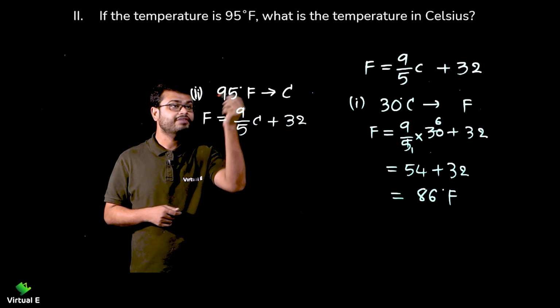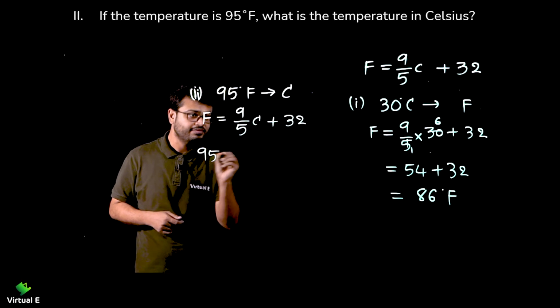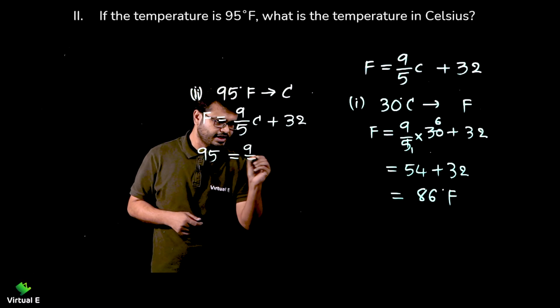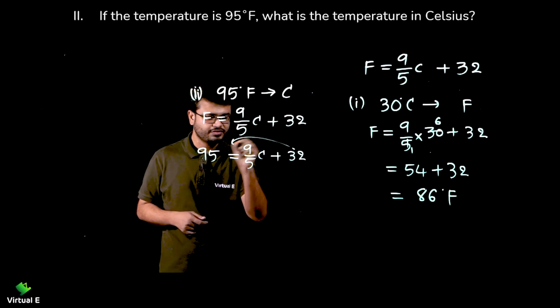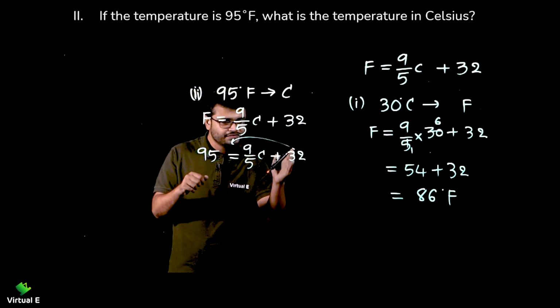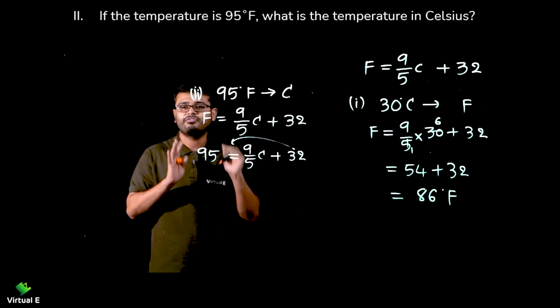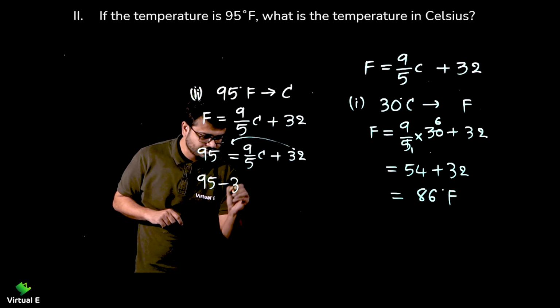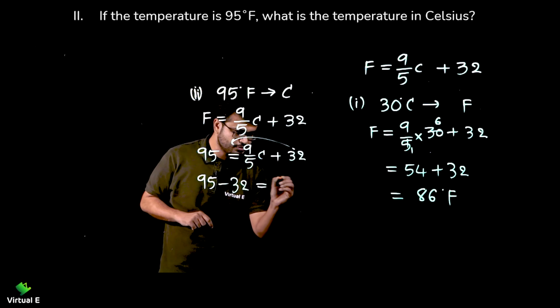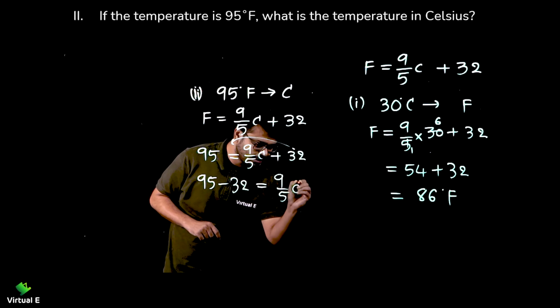Instead of F, I will write 95 is equal to 9 by 5 into C plus 32. Let's shift over here. First of all, always shift the addition and subtraction thing, then go for multiplication and division. So 95 minus 32 is equal to 9 by 5 into C.